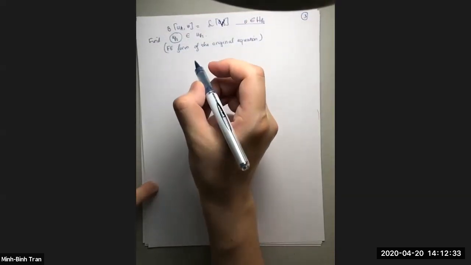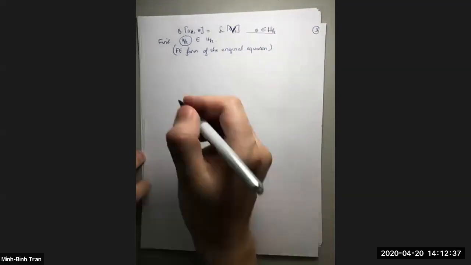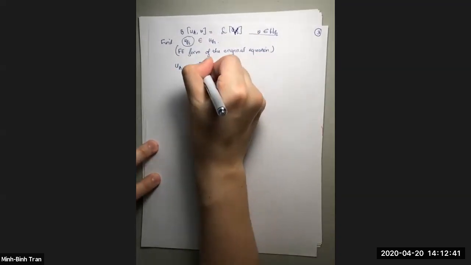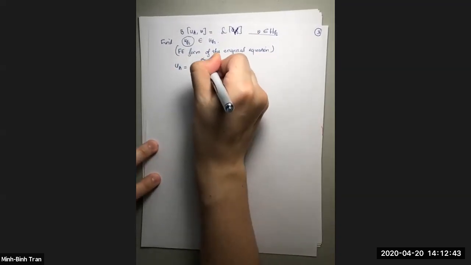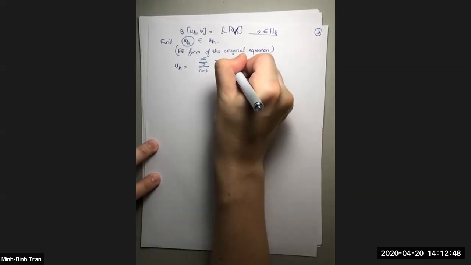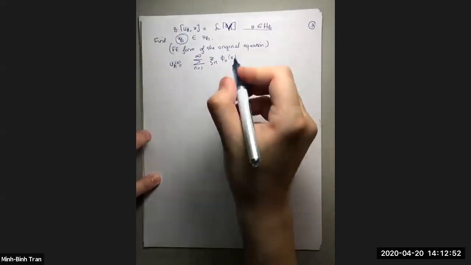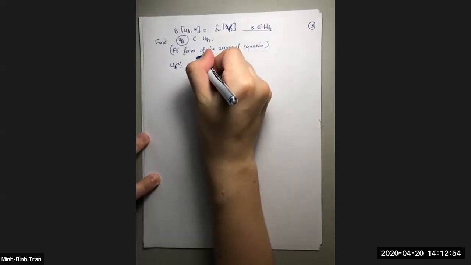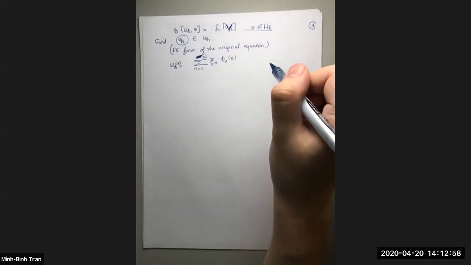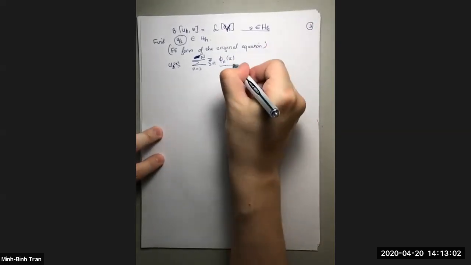Now I'm going to write U_h as the sum, with n going from 1 to N, of C_n V_n, because we have N basis functions.